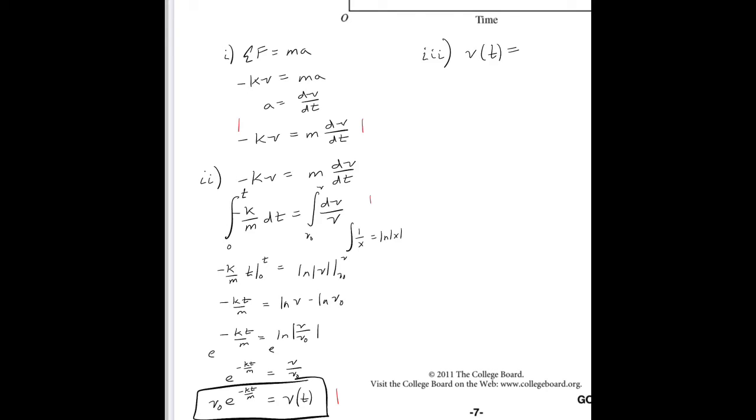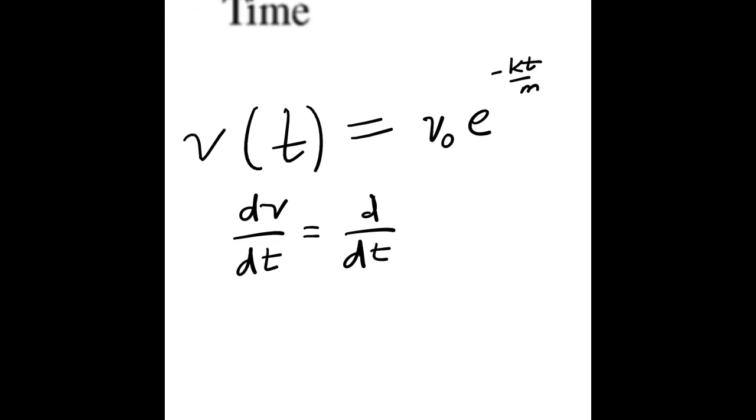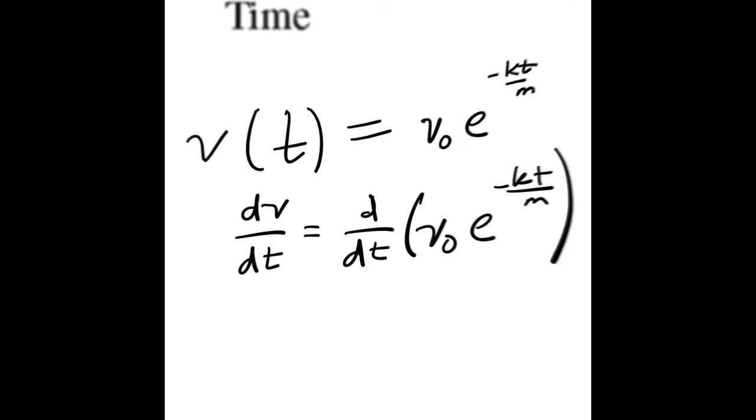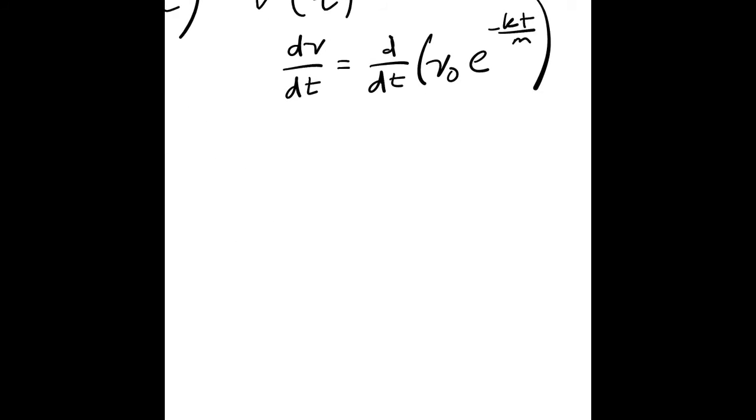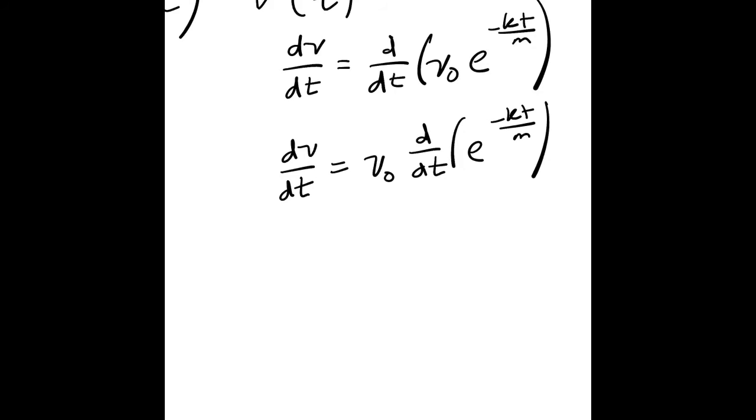So I've got v of t is equal to v initial e to the negative kt over m. All right, so I'm going to say dv dt is equal to d dt of v initial e to the negative kt over m. If I take the derivative of this, v initial is a constant, so dv dt is going to be equal to v initial times d dt of e to the negative kt over m.